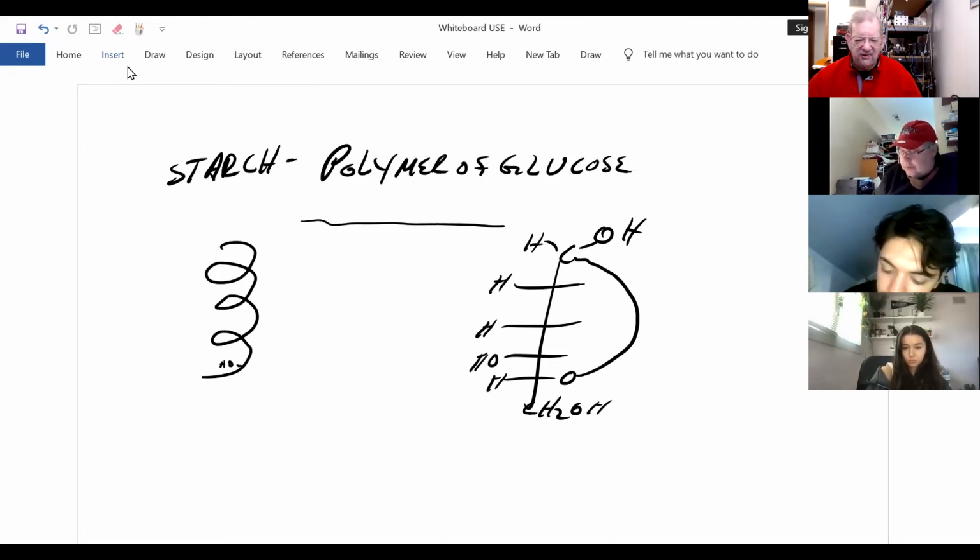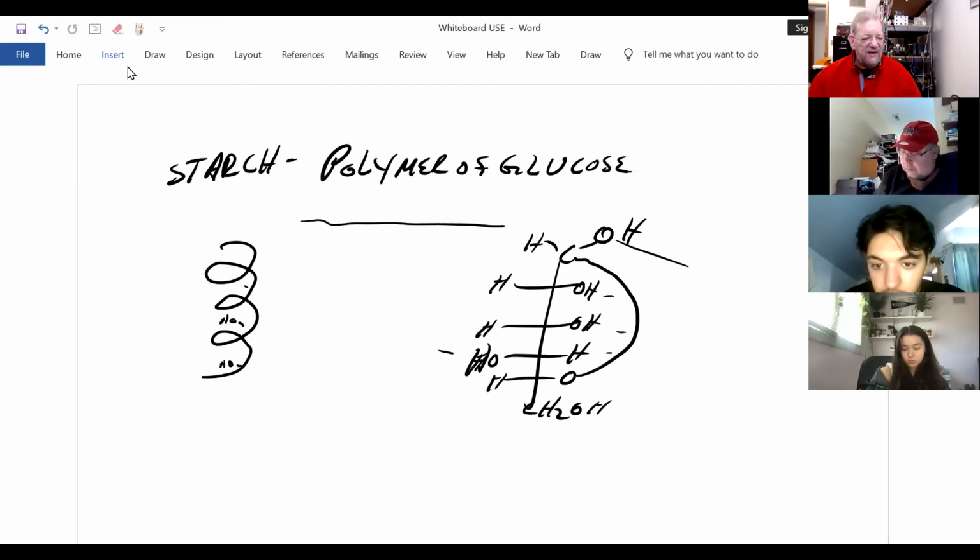I need to do the glucose one. And this is connected to other glucose. So you've got these hydroxyl groups right here, which are all along here, throughout that whole spiral.